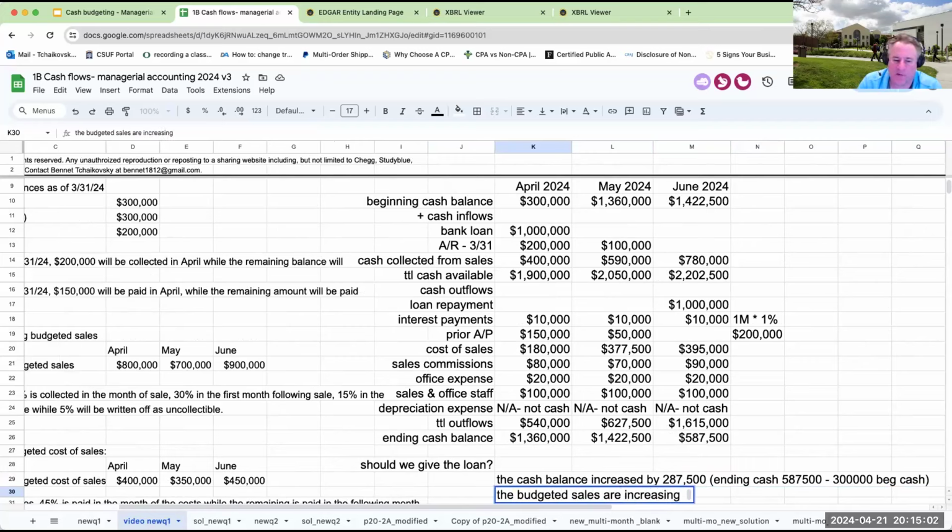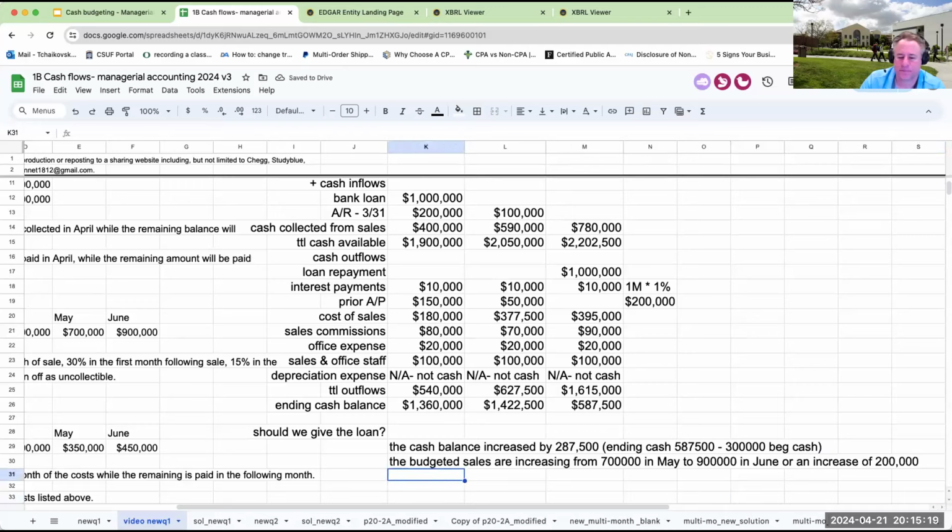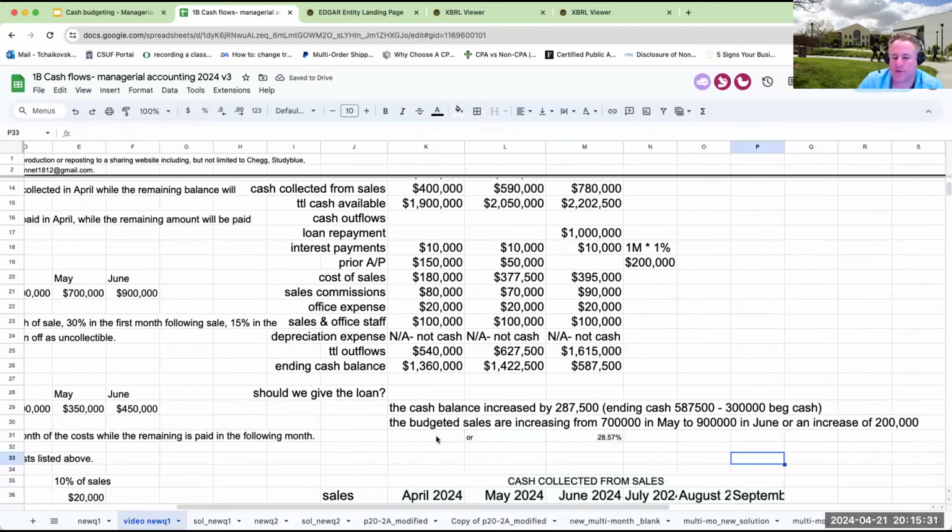They went from 700,000 in May to 900,000 in June, an increase of 200,000, or 28%. So my sales are increasing month over month by 28%. That's 200,000 divided by 700,000.